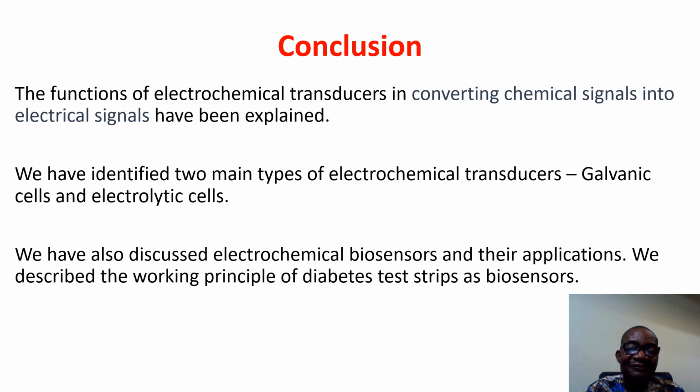We have also identified the two main types of electrochemical transducers, the galvanic and the electrolytic cells. Also in this class, we have discussed electrochemical biosensors and their applications. We have described the working principle of diabetes test strips as biosensors.